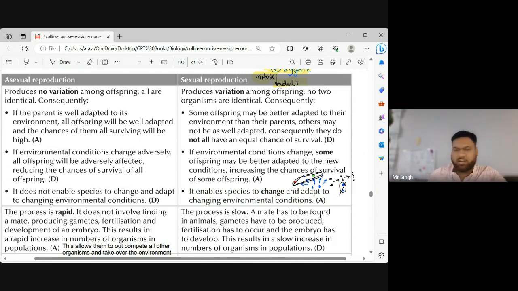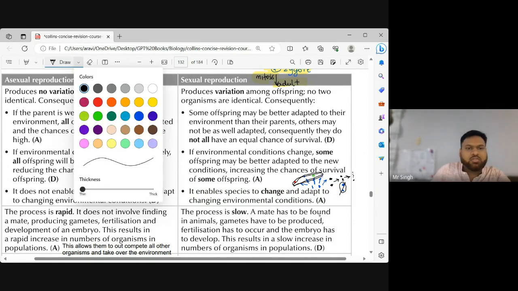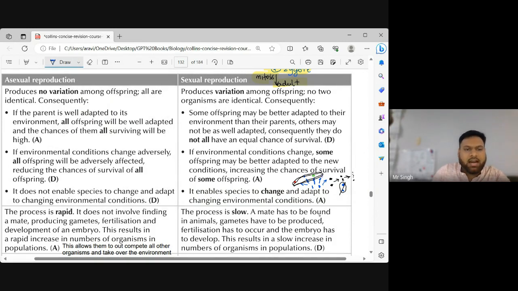Now think about it, right? Let's say we had an organism that was reproducing asexually, and it started off with one blue organism, and the environment changed to one where a disease passed through that does not like blue.